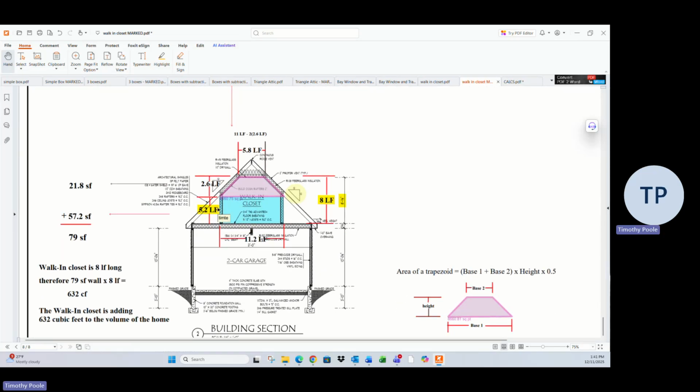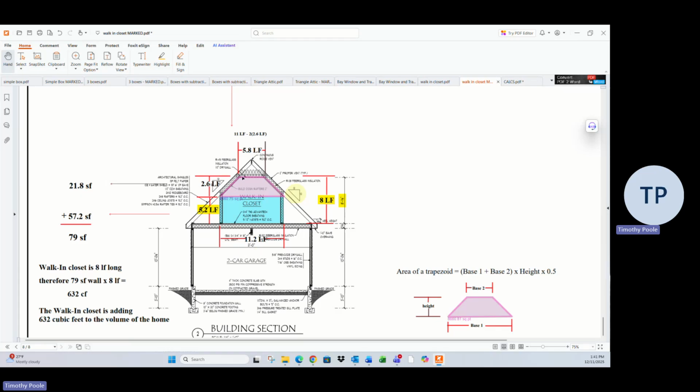With this information, we know that 5.2 linear feet taken from a total of 8 linear feet, which is the ceiling, will yield a rise or height of this trapezoid of 2.6 linear feet. We just told you that the base was 11.2 linear feet.